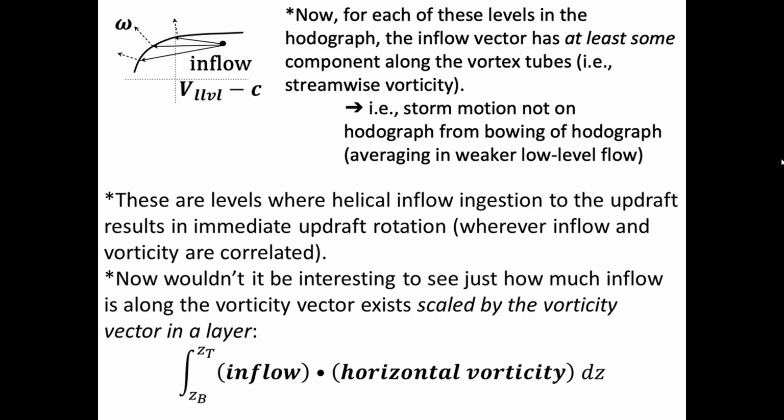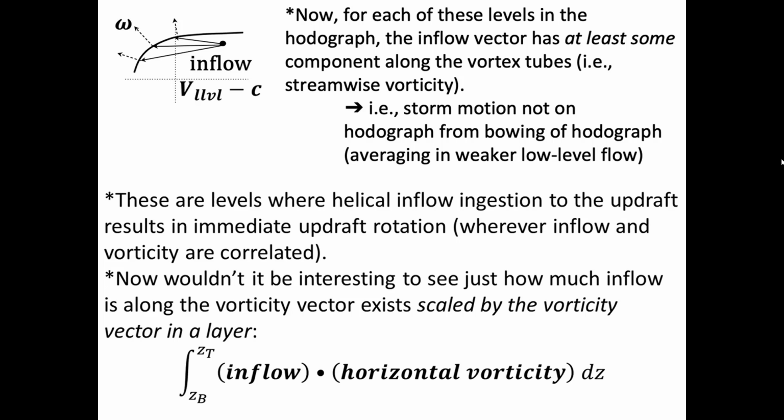And we see that with the horizontal vorticity being to the left of the hodograph, in almost every one of these we have a notable component of our inflow that lies parallel to our dotted vortex tubes, or horizontal vorticity, by providing that bow or that arch in the hodograph.